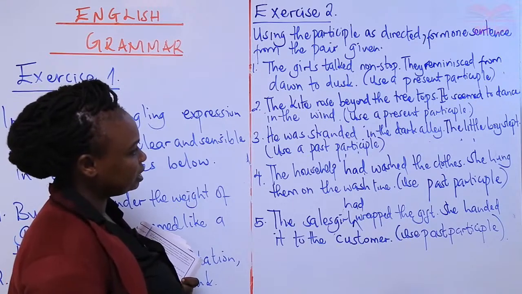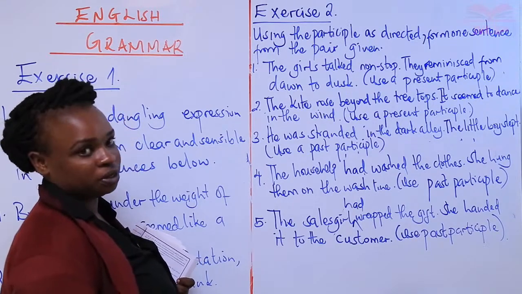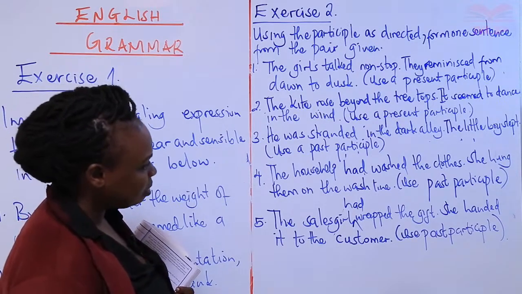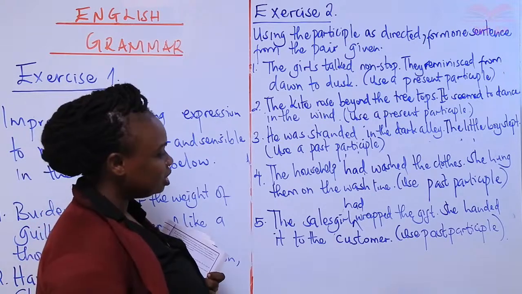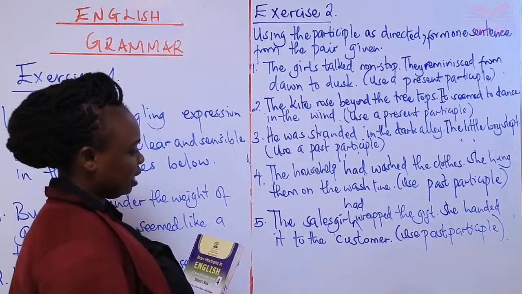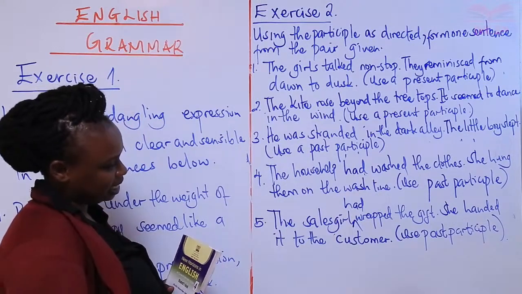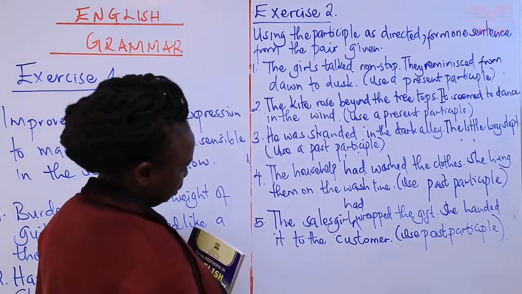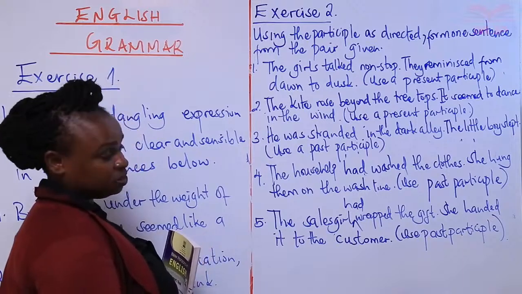The little boy slept. Use a past participle. Question 4. The house help had washed her clothes. She hung them on the wash line. Use a past participle. Number 5. The salesgirl had wrapped the gift. She handed it to the customer. Use a past participle.